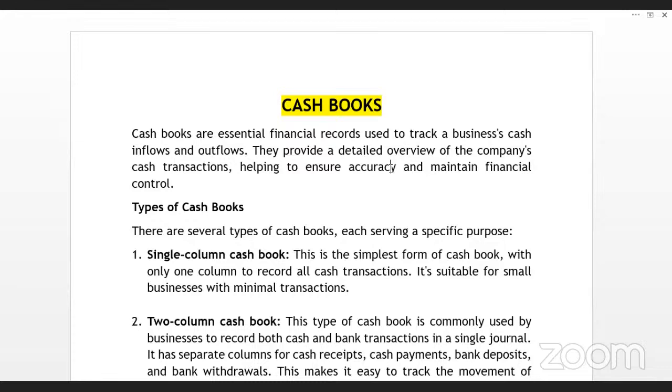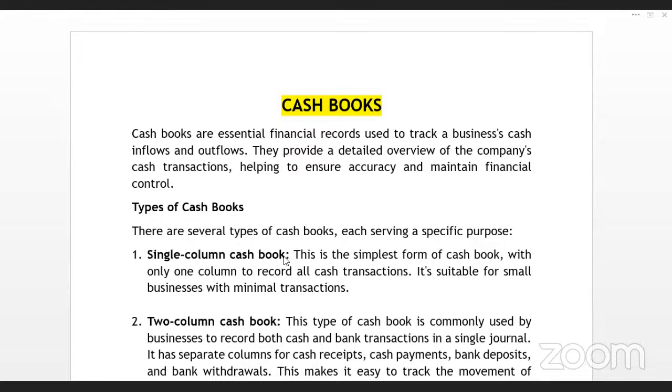We have different types of cash books. One is a single column cash book. We have what we call a two-column cash book.